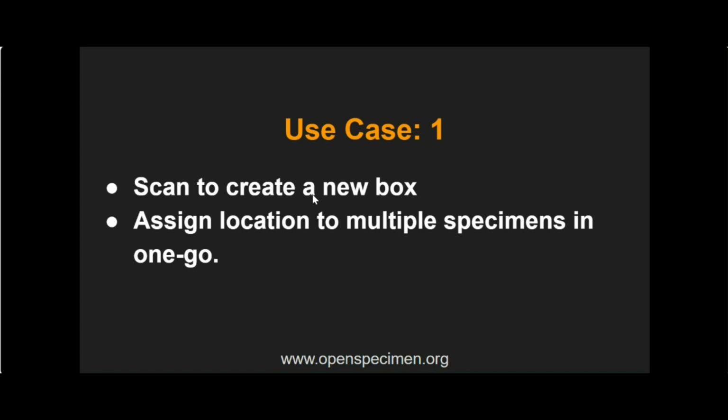Now, when they want to move it to a permanent storage, they will simply take a pre-barcoded box, place the specimens, scan the box, and open specimen will automatically create the box and assign locations to all the specimens within a single click. So that was use case number one.